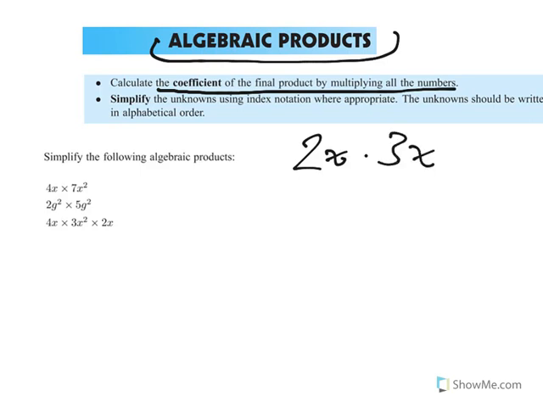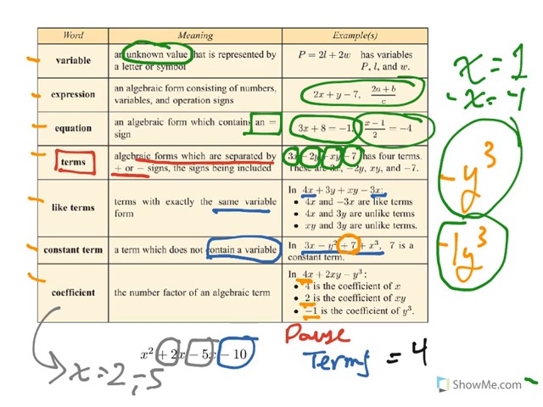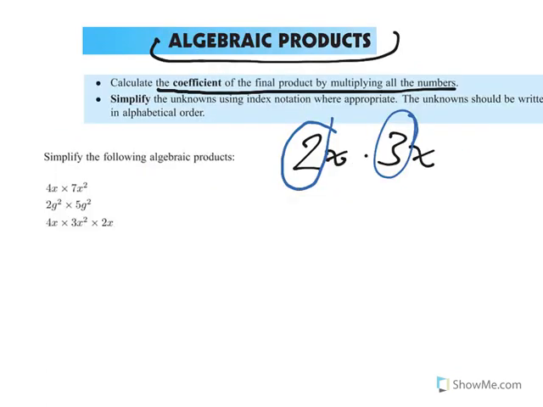The coefficient is the number in front of the variable, which you should remember because you've memorized this from our language and math. From this particular slide here, the coefficient is the number factor of an algebraic term. We calculate the coefficient by multiplying the numbers, so we go 2 times 3, which is 6.